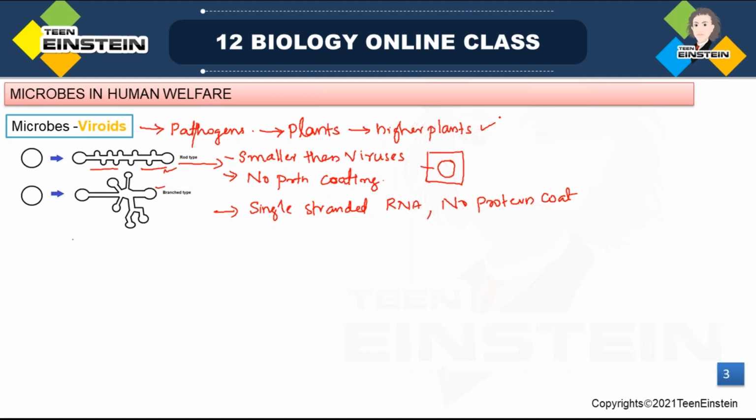Examples of affected crops, where you will normally find the infection: coconut palms, then cucumber, then tomatoes, then potato, then avocado.